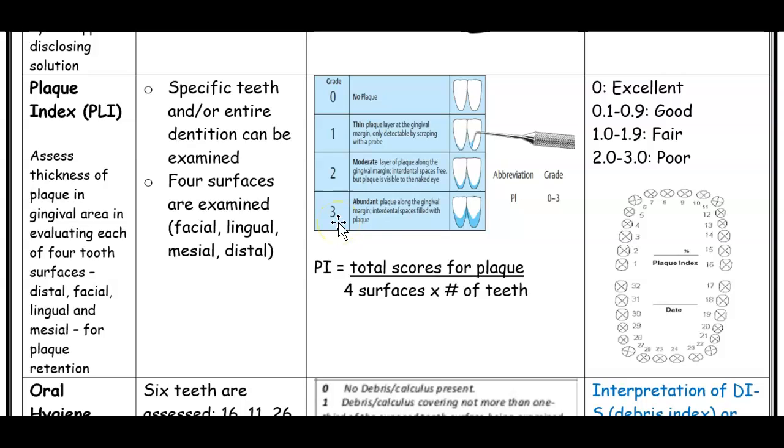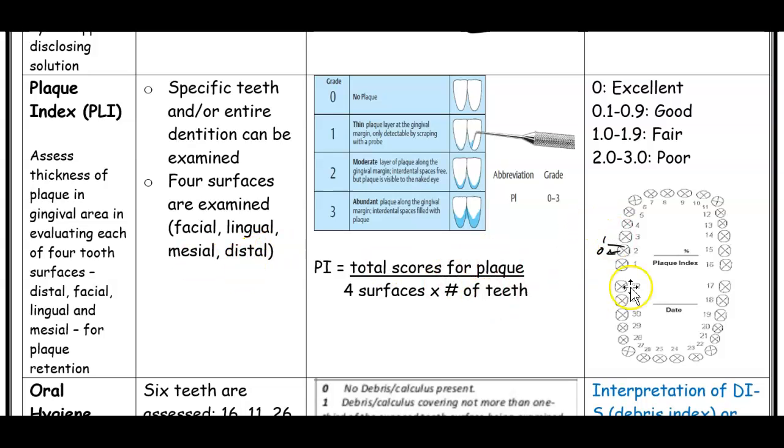So for example, if I were to look at the molar over here, and let's say that on the facial side, I give this a score of 0 because there was no plaque on the facial side. However, on the mesial side, I did see a thin plaque layer. So in here, I'm going to give it a score of 1.